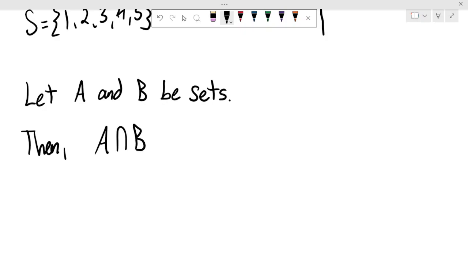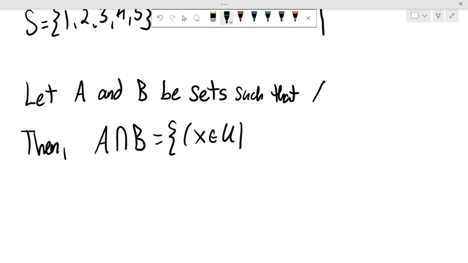So we say A intersect B. This is going to be the set of all the points x in U, where U is going to be some universal set. So let's say let A and B be sets such that A is in U and B is in U.